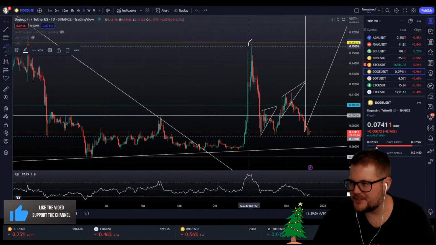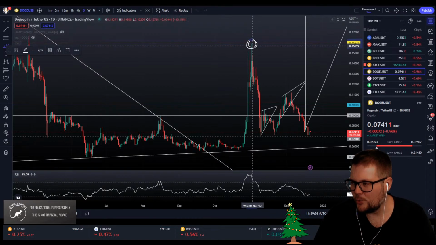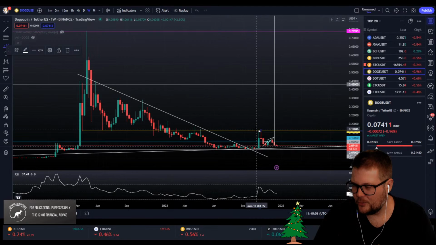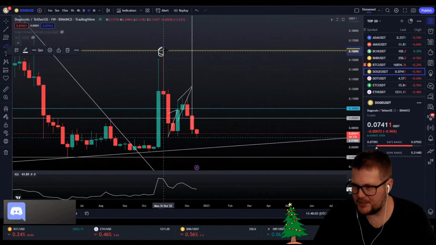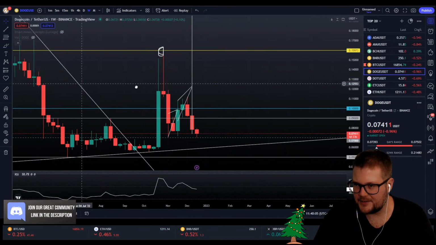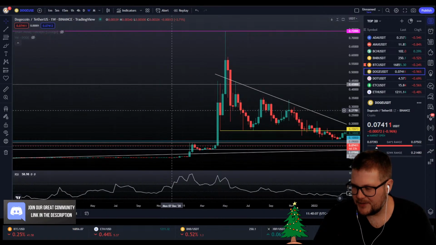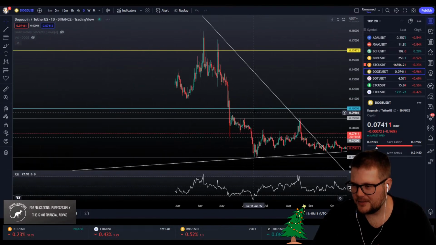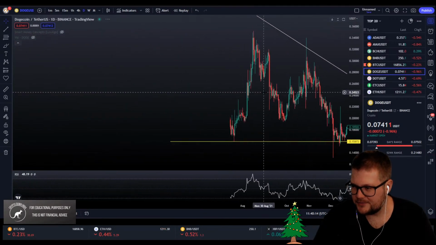Look at where we found resistance on the yellow line here. If we go back out on the weekly, what is the significance of that yellow line? Why did we find resistance right there? You can see we had a lot of activity bouncing off that point back in the bull market.